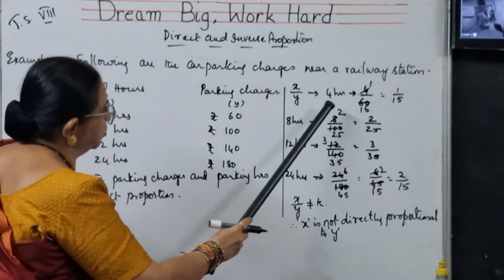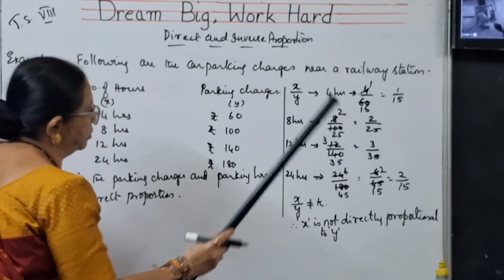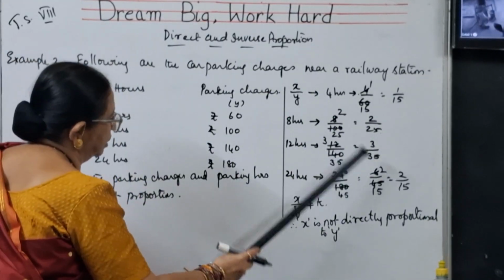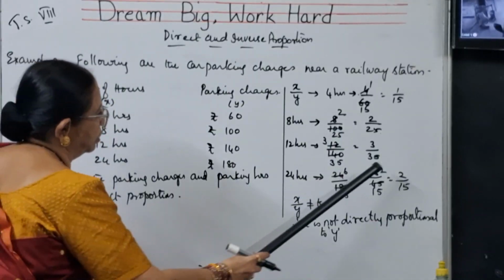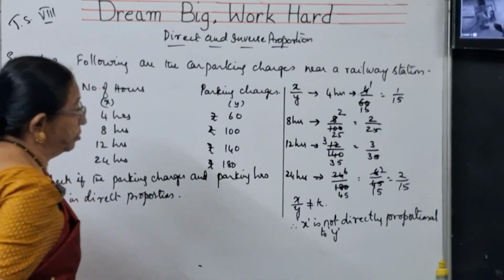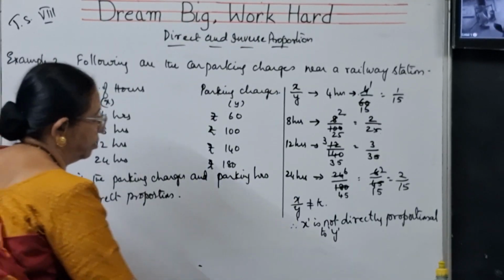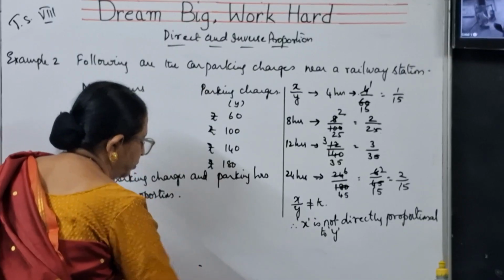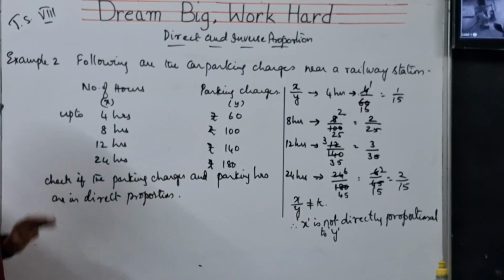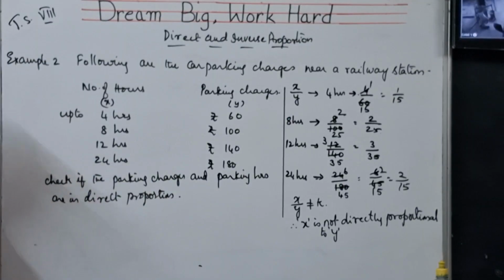So we have taken X by Y for 4 hours as 1 by 15, for 8 hours 2 by 25, for 12 hours 3 by 35, 24 hours 2 by 15. Nothing is common here. So X by Y is not constant. Therefore, X is not directly proportional to Y. X in the sense what? Parking charges are not directly proportional to parking hours. Please note it down.